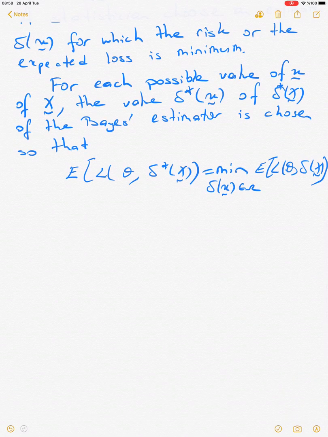So we have different loss functions. We don't have just one loss function. The most popular one is the squared error loss function. So let's talk about possible loss functions. The first one is the most popular, but it depends on the problem.